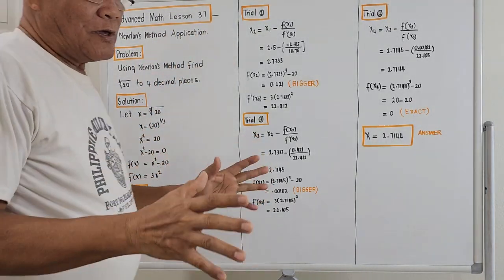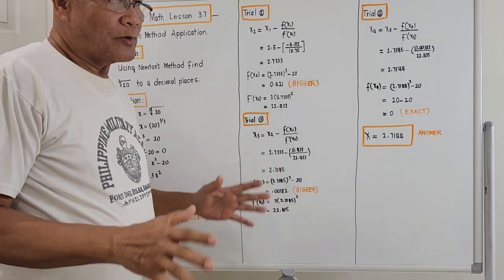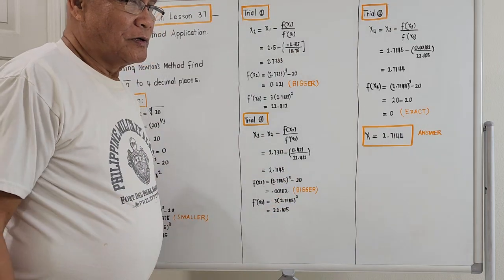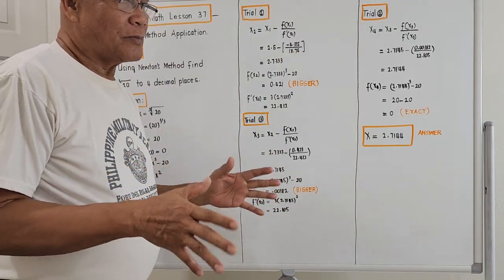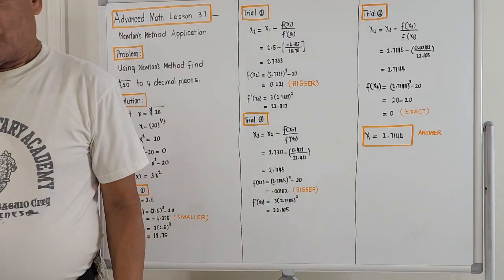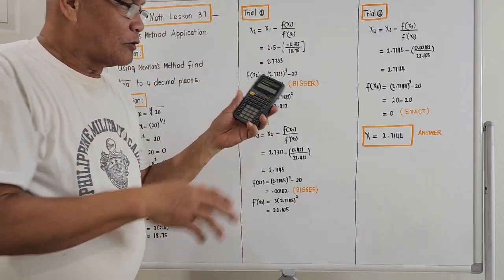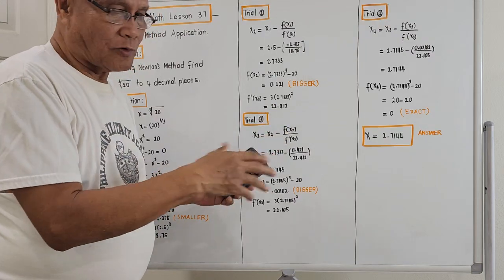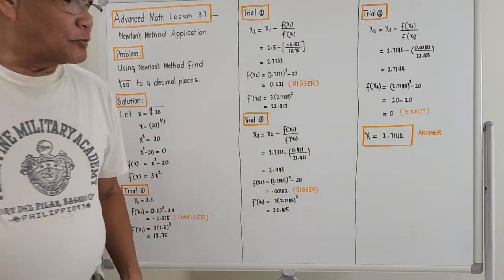I will give you an example problem on the application of Newton's method of approximation in the computation in mathematics. I will bring out my scientific calculator, because later on I will be presenting some calculations. Let's proceed.